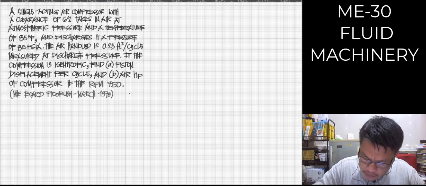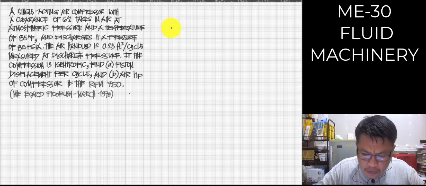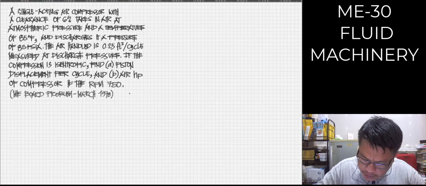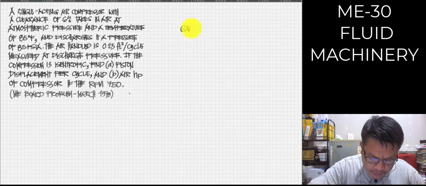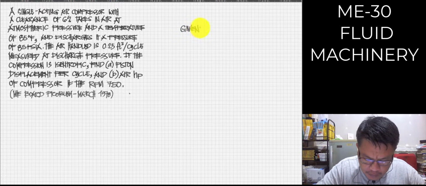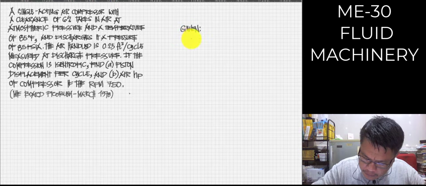We have a single acting compressor, so let's write what is given in the problem. Initially we have the clearance, which is 6%.